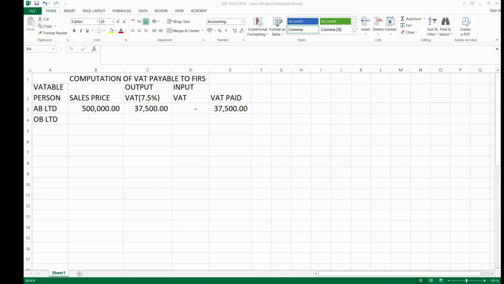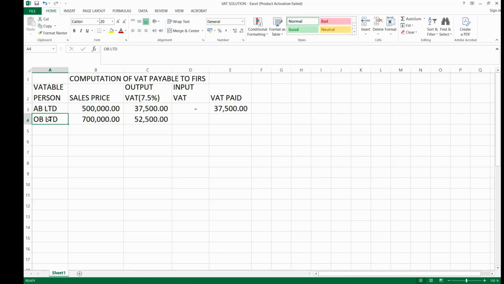Okay, so no problem. OB Limited is now selling this same item at 700,000 naira. When OB Limited sells it, we calculate value added tax of 7.5% on 700,000. That will give us 52,500.